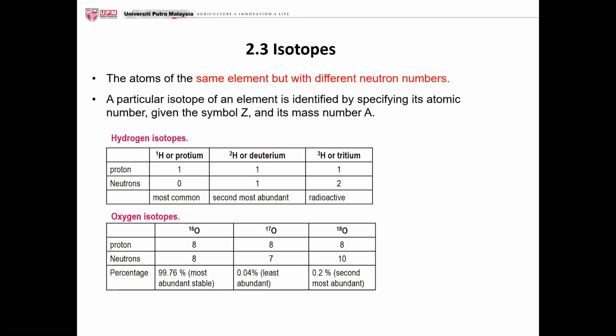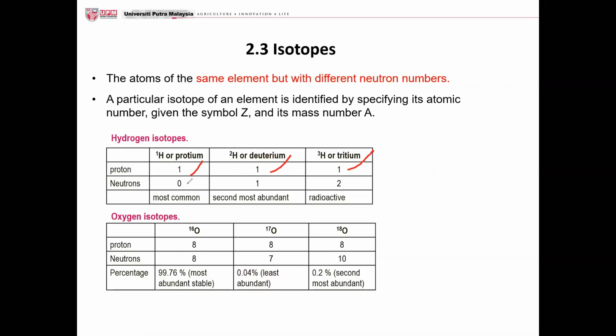So here we have hydrogen-1 or protium, hydrogen-2 or deuterium, and hydrogen-3 or tritium. The number of protons is the same, as you can see here: 1, 1, and also 1.